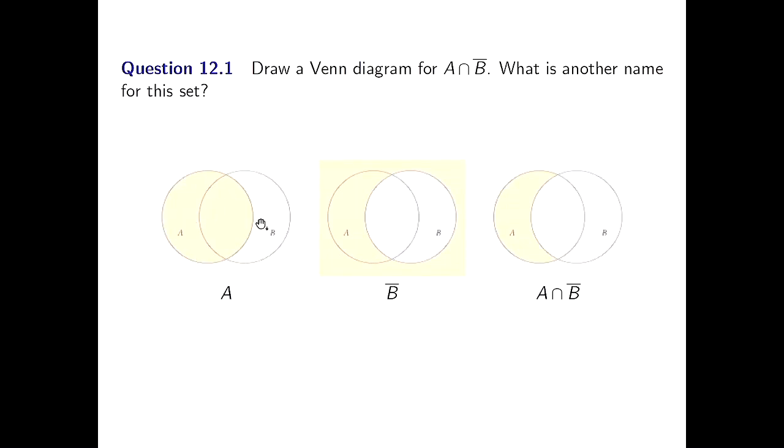So here's a Venn diagram for A. Here's the Venn diagram for B complement. I apologise for the light yellow colour. Now, to get the Venn diagram for A intersect B complement, we need the stuff that is shaded both here and here. The stuff that's shaded in both is just this crescent, A intersect B complement. What's another name for that? A minus B. So A minus B is just A intersect B complement.